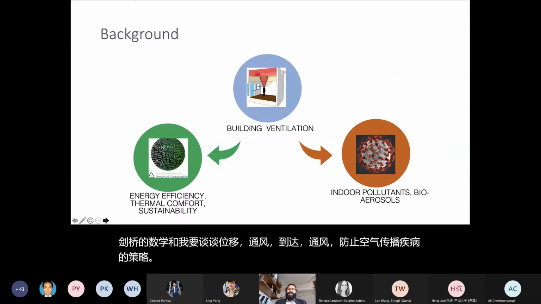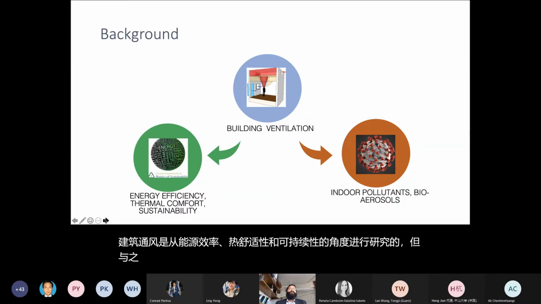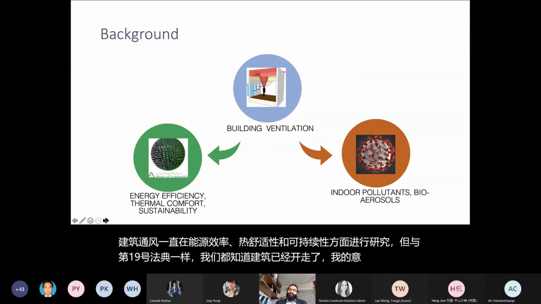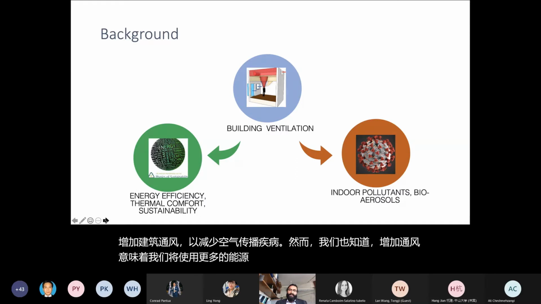Building ventilation has been studied in the context of energy efficiency, thermal comfort, and sustainability. But with COVID-19, as we all know, building ventilation was recommended to be increased to reduce airborne disease transmission. However, increasing ventilation implies we will use more energy, and it would be an energy inefficient system.